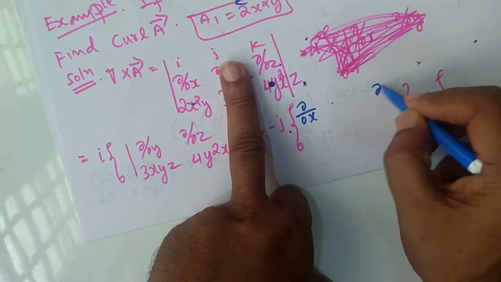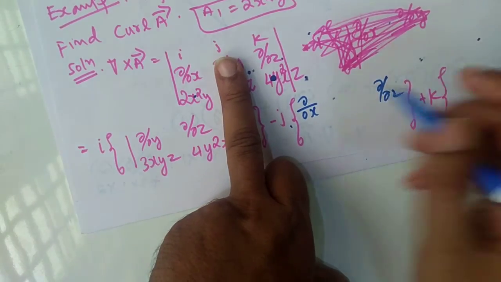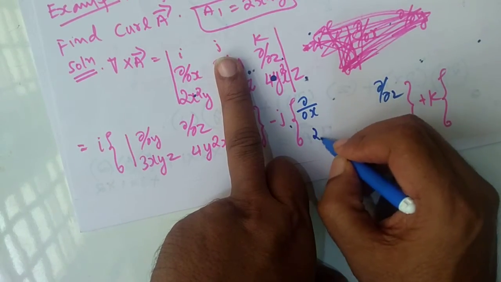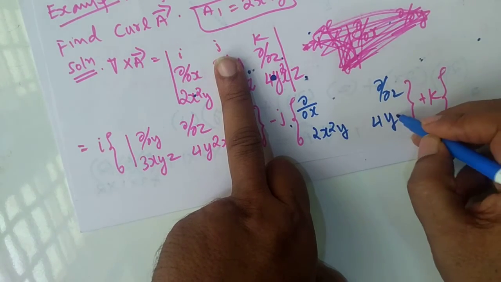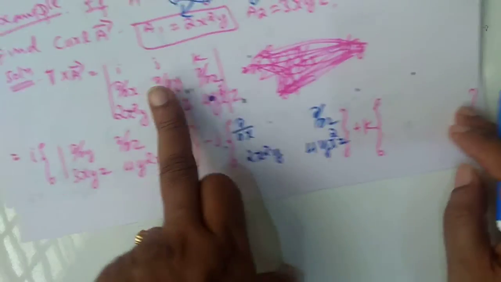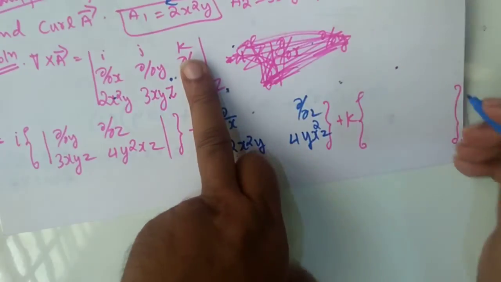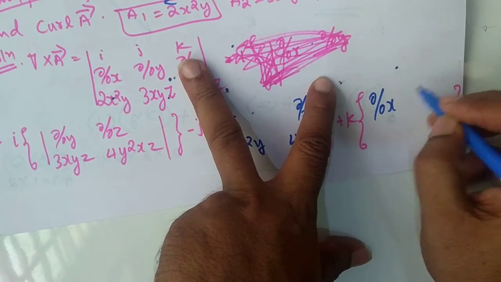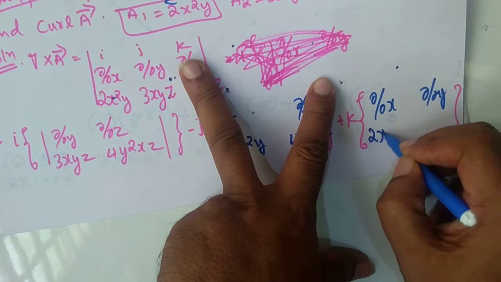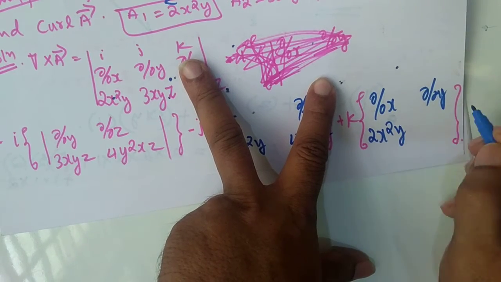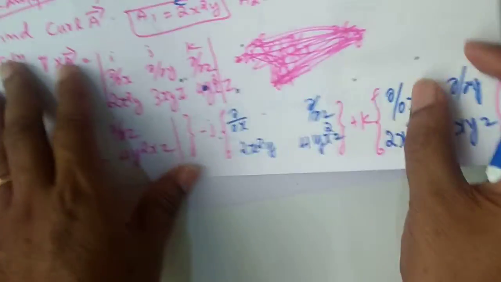Dou by dou x, dou by dou z, 2x squared y, 4y x squared z. Next, plus k into, remove the third column. So what is remaining? Dou by dou x, dou by dou y, 2x squared y, 3xyz.